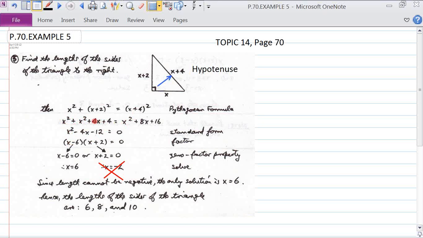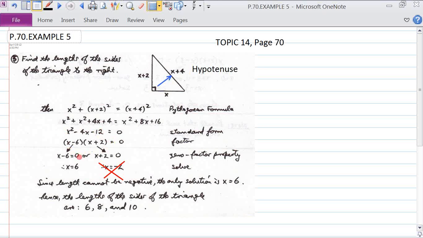Now, the 4x here, I've got a plus 8x here. I bring that to the left. I have minus 8x. Minus 8x plus 4x gives me minus 4x. And I bring the plus 16 to the left. And minus 16 plus 4 gives me minus 12.